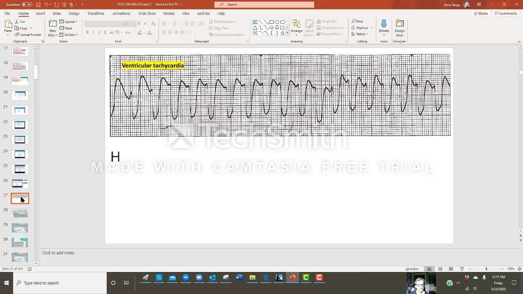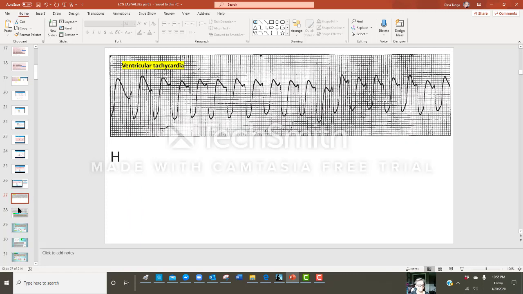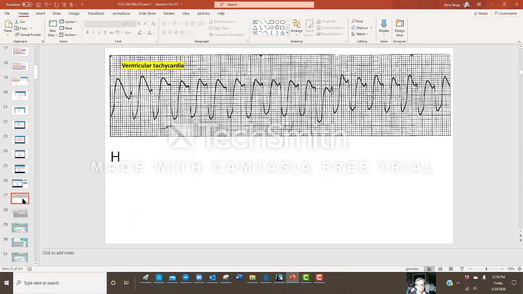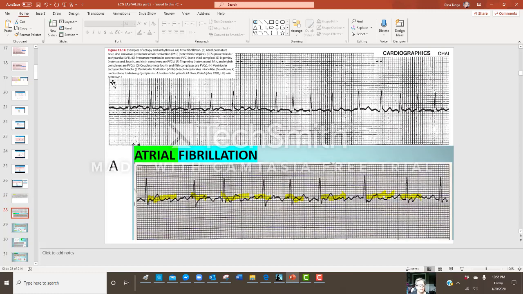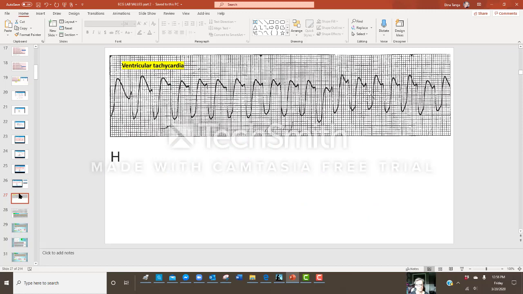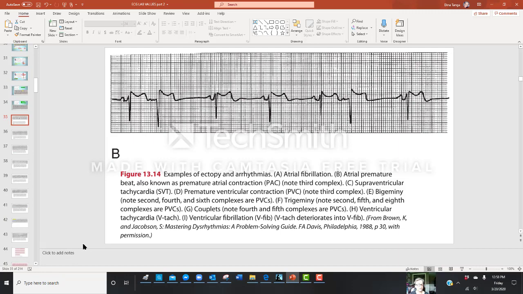So ventricular tachycardia. With this video, we're going to focus on figure 13, 14, the examples of the arrhythmias. This one was ventricular tachycardia, which was H. Okay, so I changed my mind.